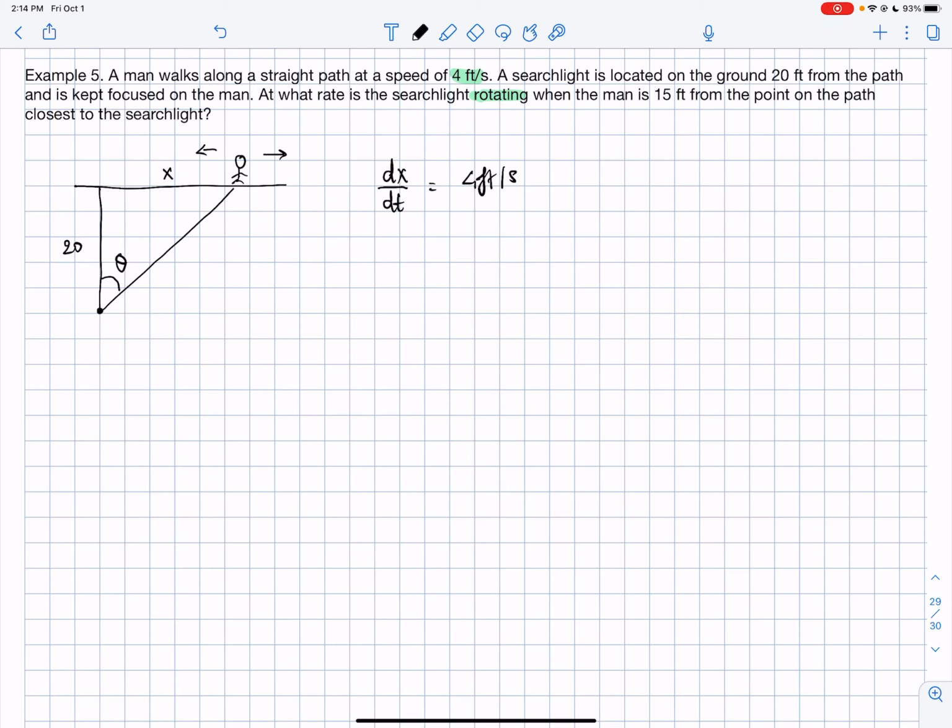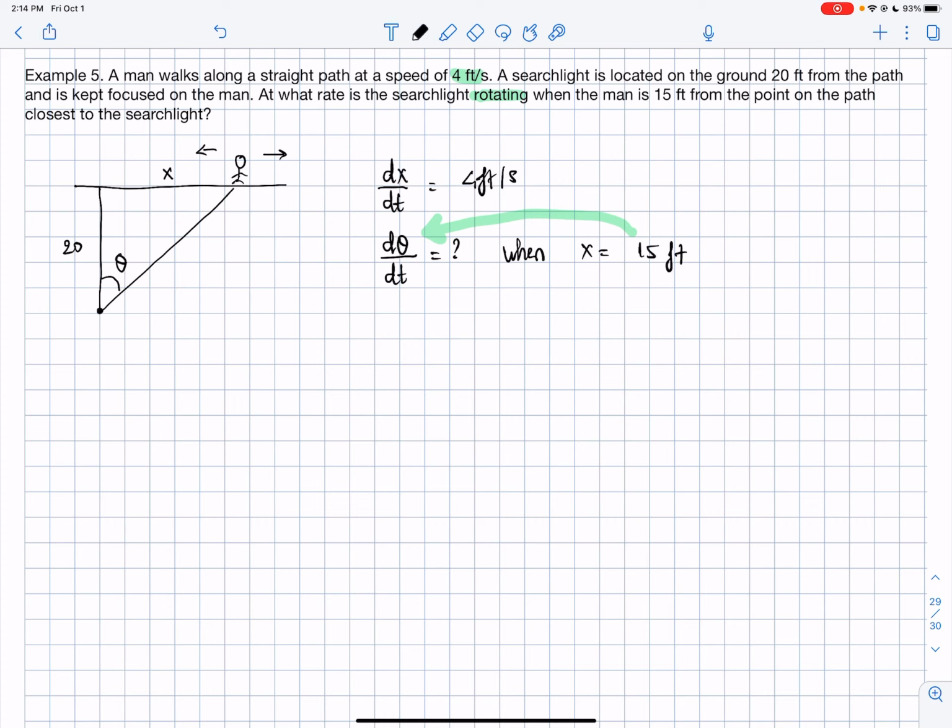So this question is asking us to find the change of the angle theta with respect to the time t, given that x is 15 feet. So we know that the 15 feet we will plug into the equation after we take the derivative, d theta over dt, okay?